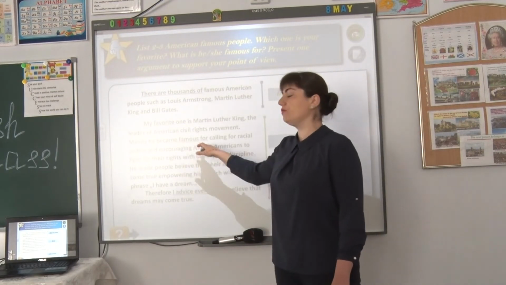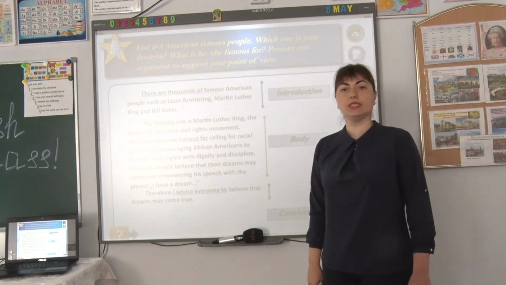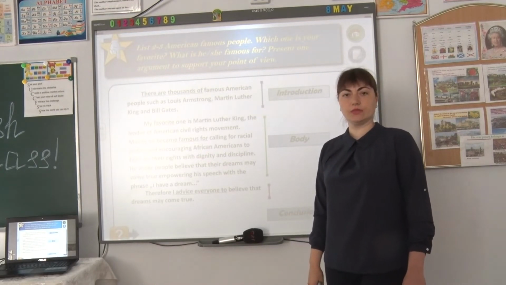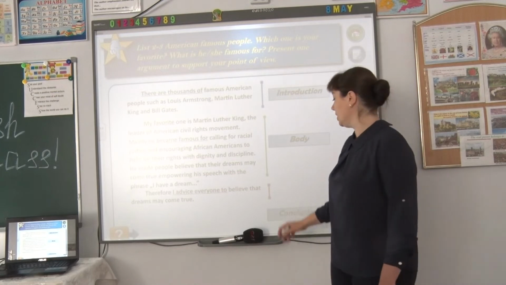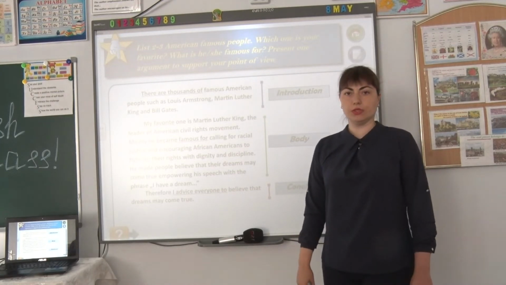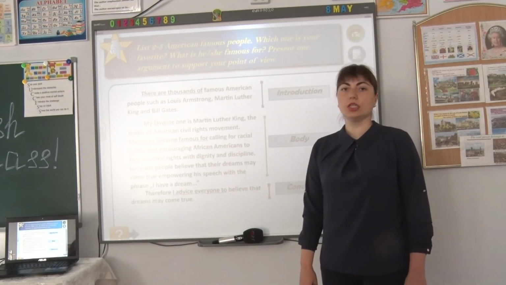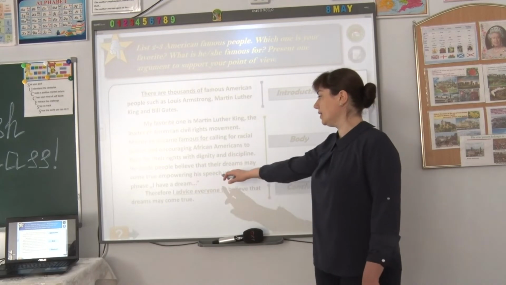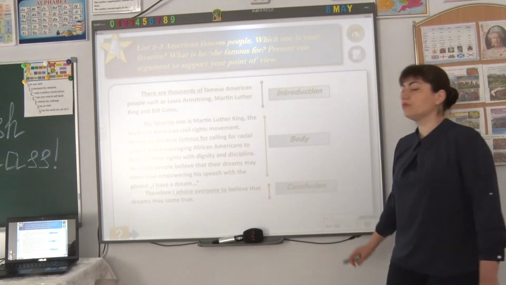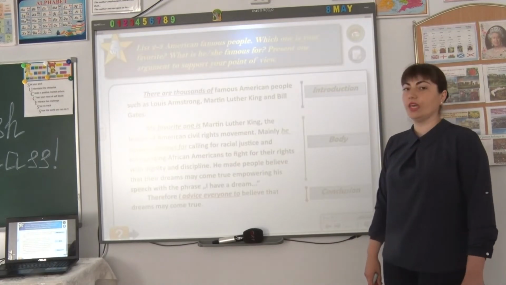He became famous for. Why did he choose this personality? Here he gives the example, he gives the proof. And the conclusion. Here the student advises everyone to follow the main truth of Martin Luther King. Why does he think he was so famous?